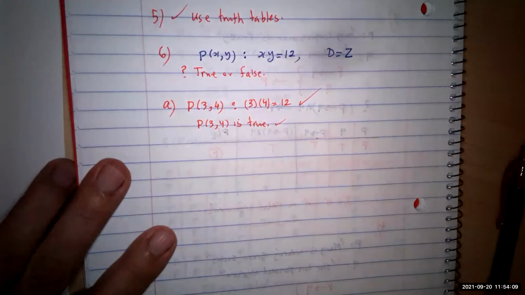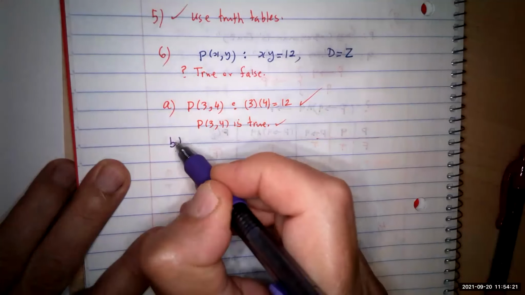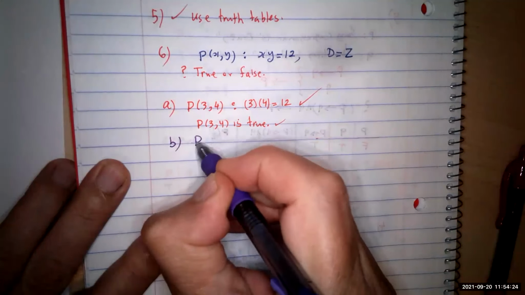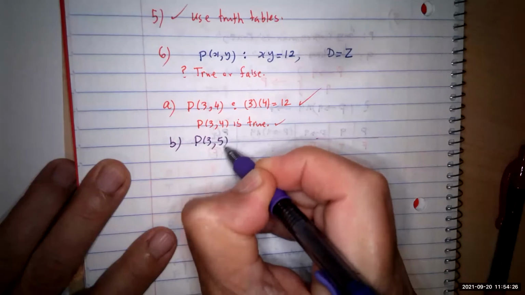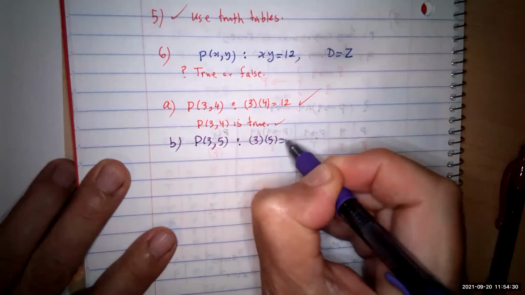Any question? But write it down. You have to prove it. Don't just say it's true. We want to show how you operate with these formulas. That's part one. Part two, they ask for P of 3 and 5. Again, for the statement, this means 3 times 5 equal to 12, which is wrong.